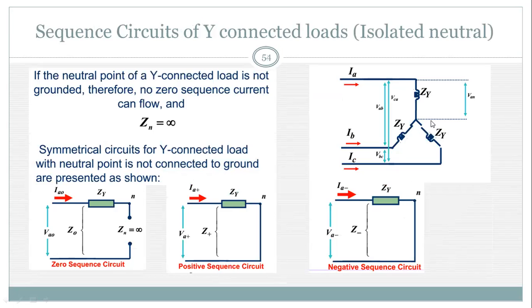Now, if the neutral is open, it means that the load is a Y connected load but the neutral is not grounded. If the neutral is not grounded, it means that the impedance of the neutral, Zn, is infinity, so there will be no current flowing through the neutral to the ground.